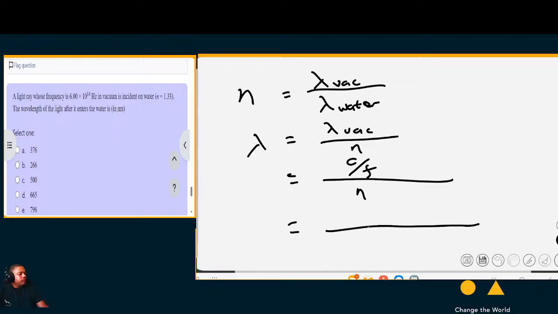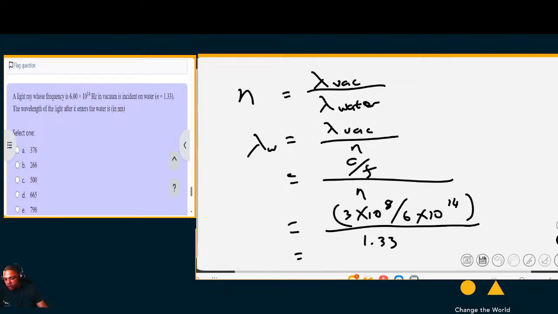So n is the refractive index, 1.33. The speed of light is 3 times 10 to the 8 divided by the frequency that they give us, 6 times 10 to the 14. That, ladies and gentlemen, will give you the wavelength in water.